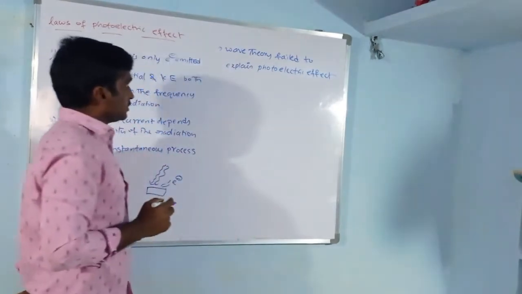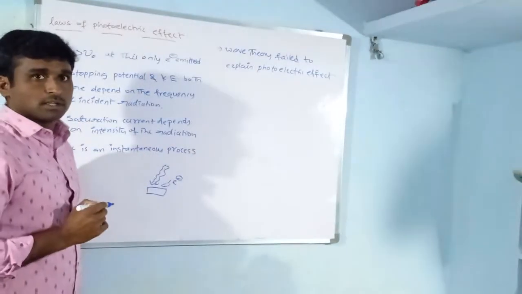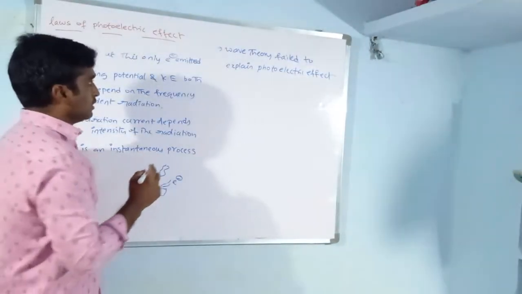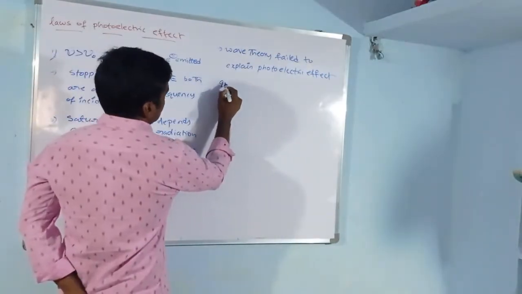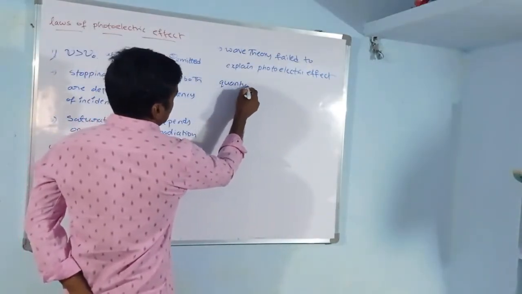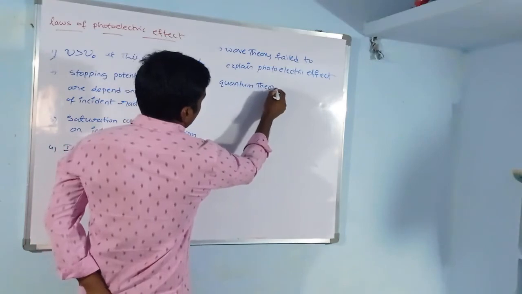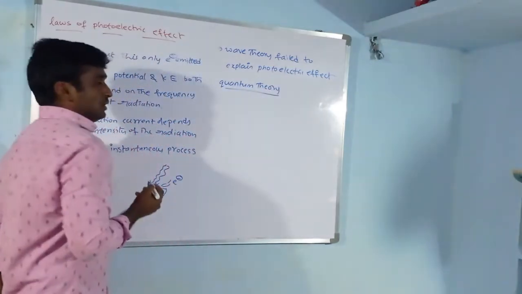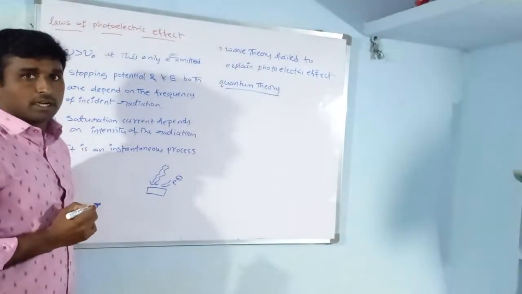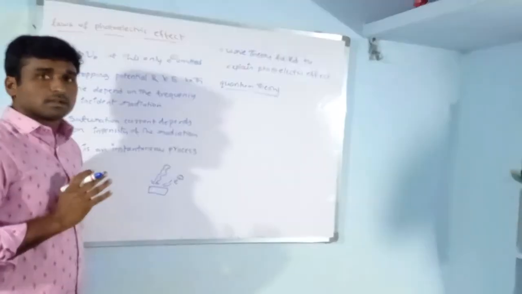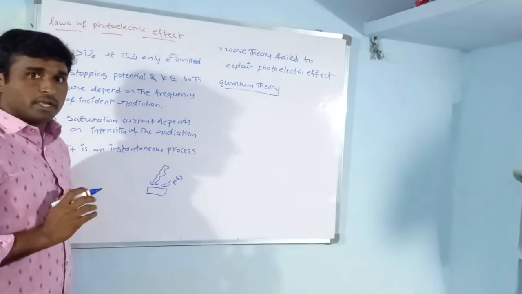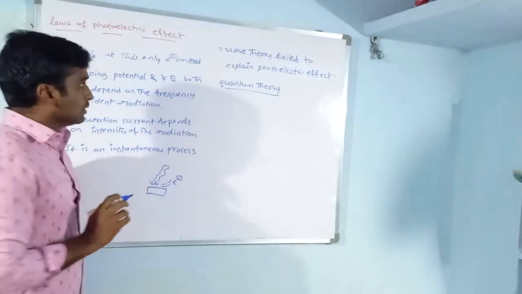The photoelectric effect is explained by the quantum theory of Planck. Einstein postulated that light has particle behavior when it interacts with matter.